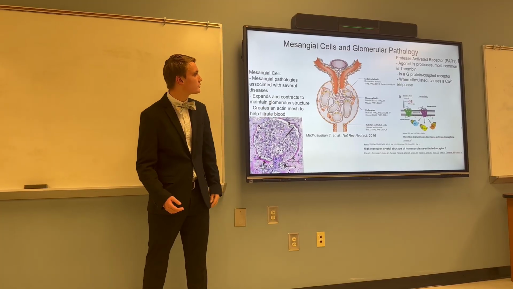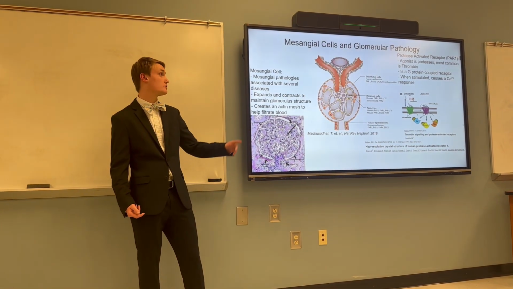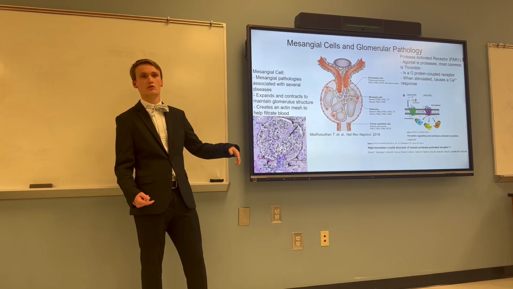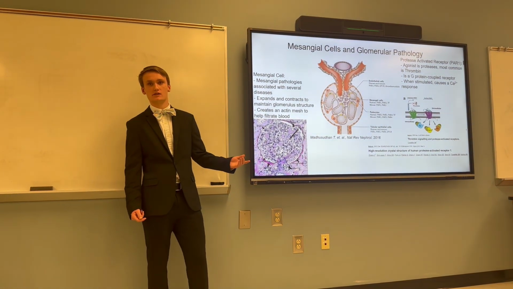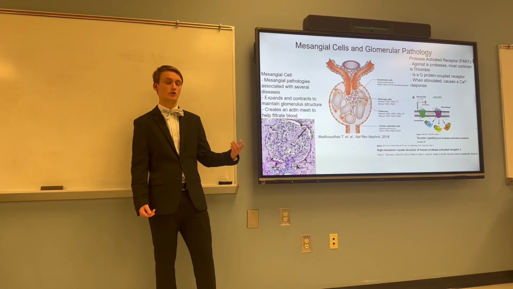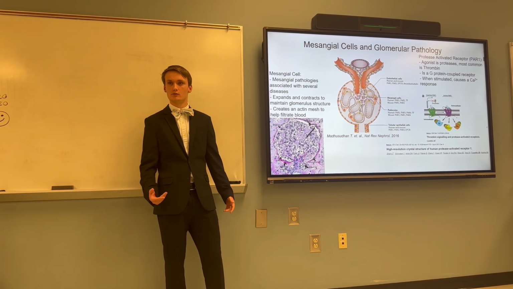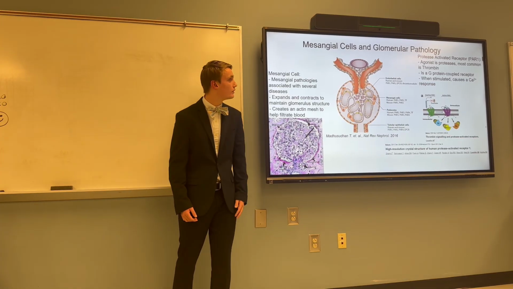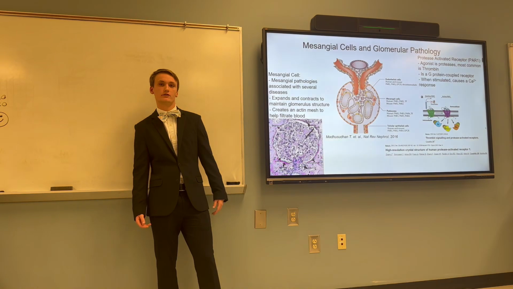So on the mesangial cell are the protease activated receptors. What we're going to be looking at is protease activated receptor 1, or PAR1. This receptor's agonist is protease, and the most common protease here is thrombin. It's a G protein coupling receptor, and also when stimulated causes a calcium ion influx.